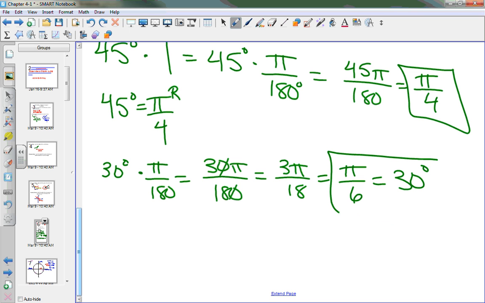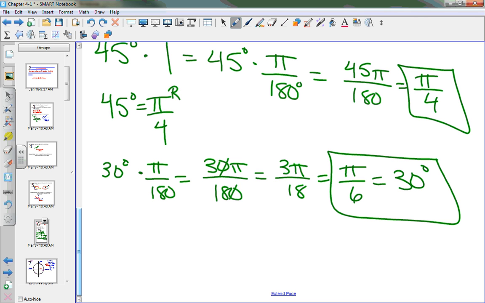Pi over 6 is the same thing as 30 degrees. All it is is reducing fractions. You see that? So pi over 6 is 30 degrees.